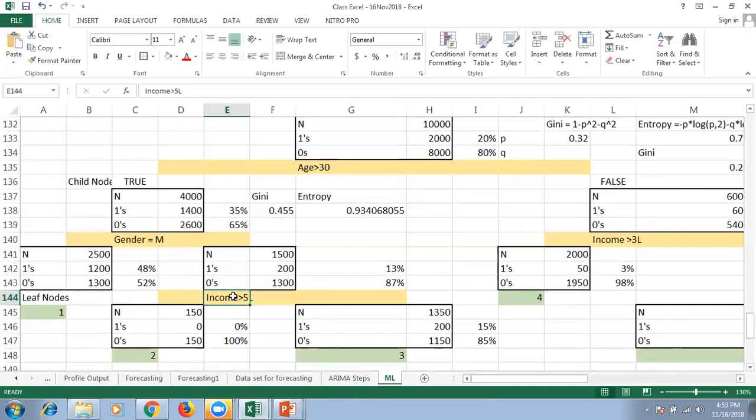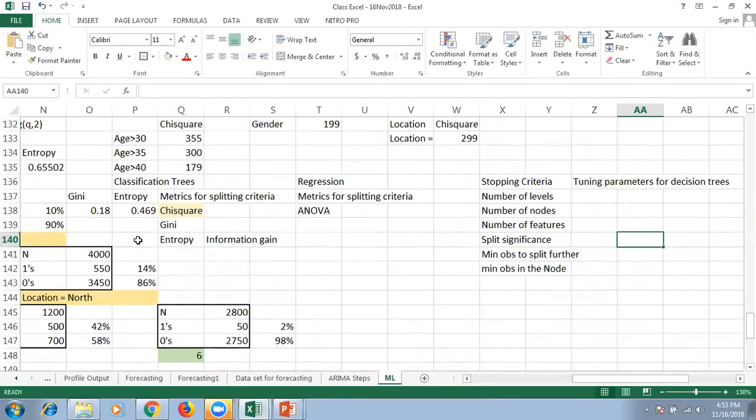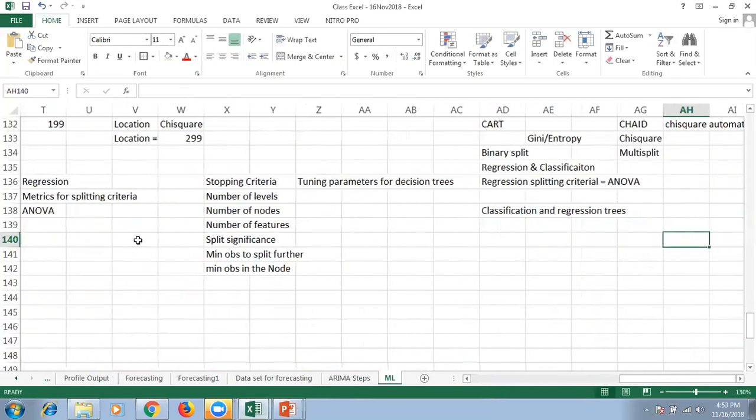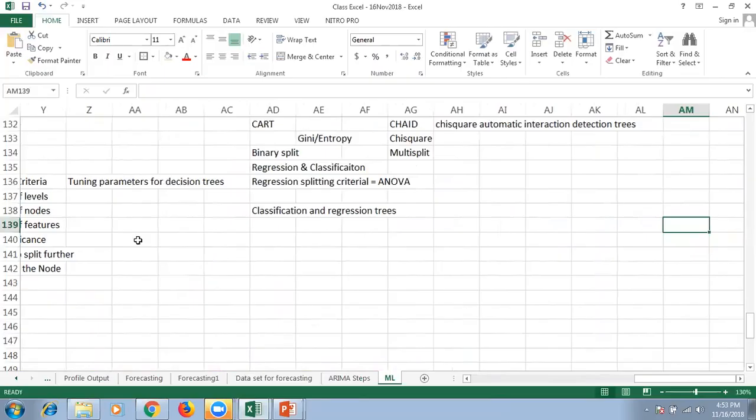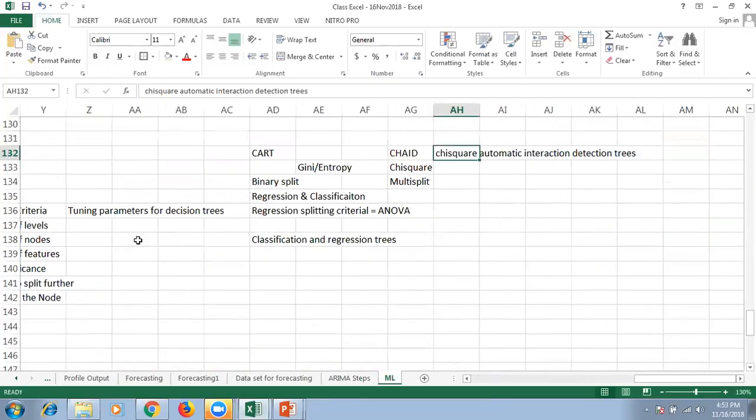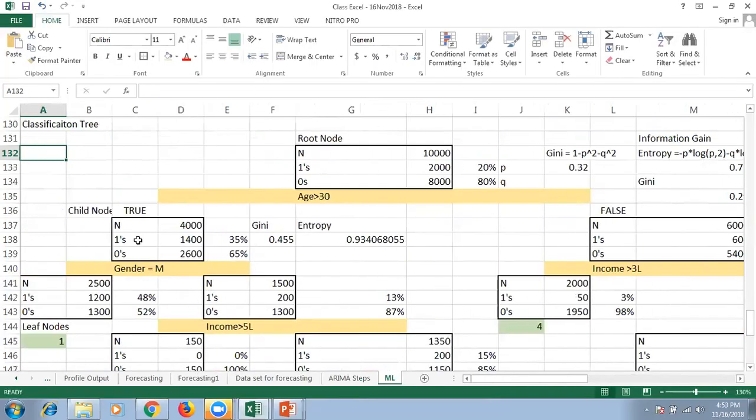So the next split will also depend on my previous split. That is the interaction I was talking about, and it is captured based on chi-square. That is the reason this algorithm is called chi-square automatic interaction detection trees. Do you agree with me?